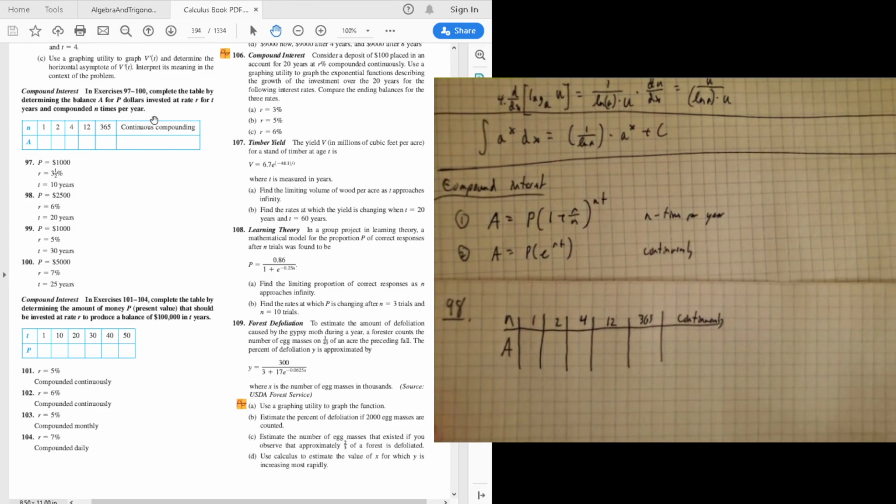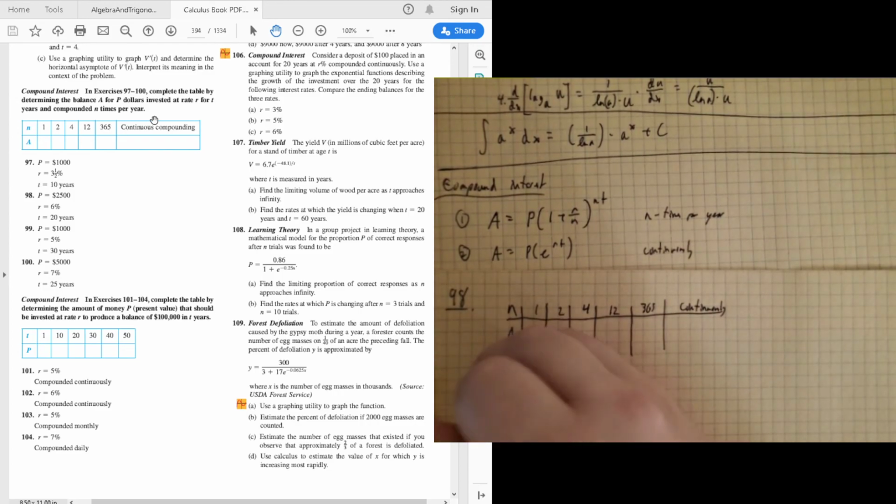Okay, so for 98, we have P equal to $2,500. We have r equal to 6%. We have the total time is 20 years.